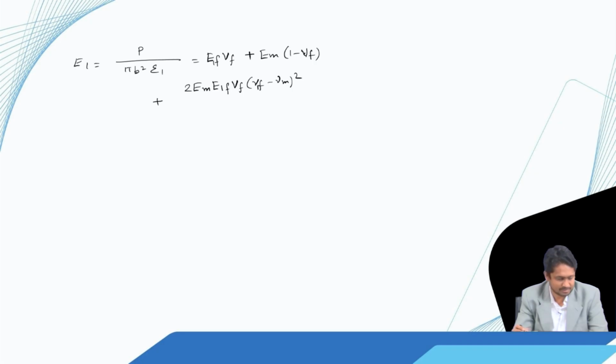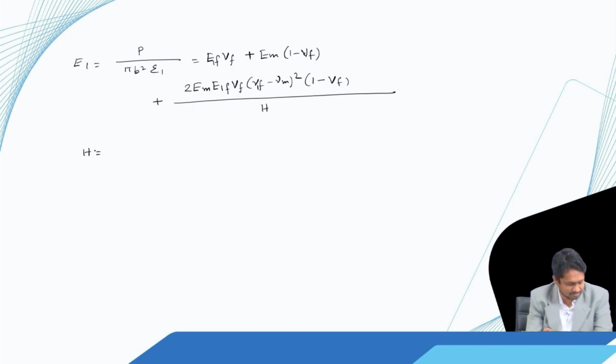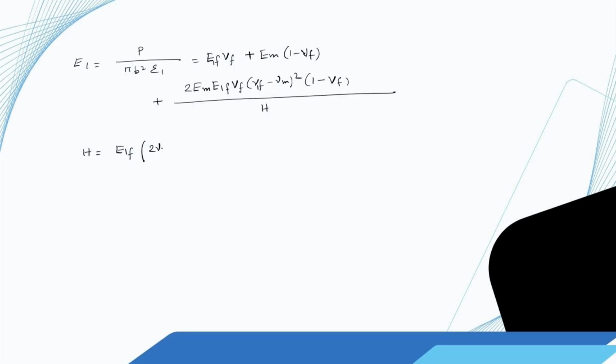So, here nu_f is nu_1f, and then we have 1 minus V_f, and then divided by something h in the denominator, where h is defined as E_1f multiplied by 2 into nu_m square multiplied by V_f minus nu_m, plus we have V_f into nu_m minus V_f minus 1, plus we have E_m multiplied by 1 minus 2 V_f nu_f square plus nu_f minus V_f into nu_f plus nu_f 2 into nu_f square plus V_f.